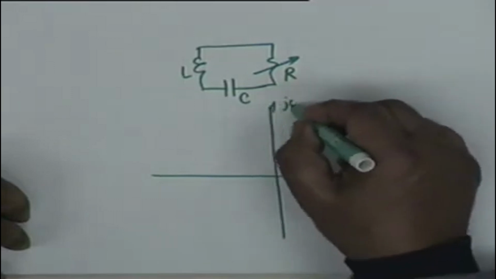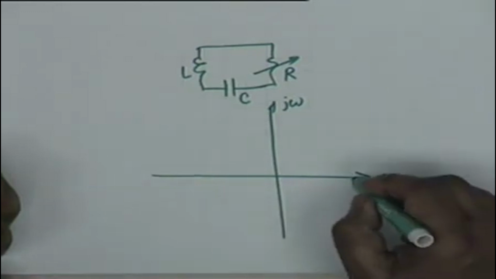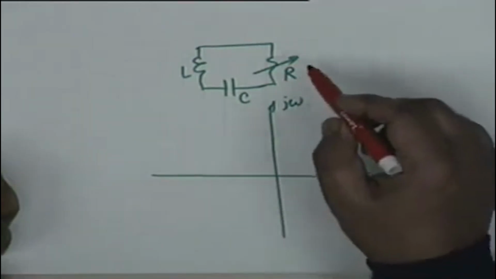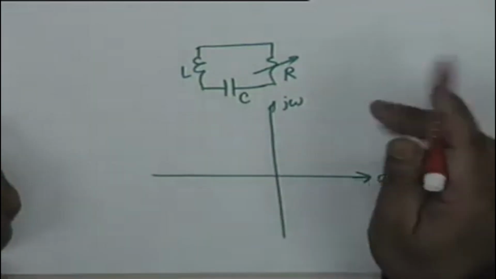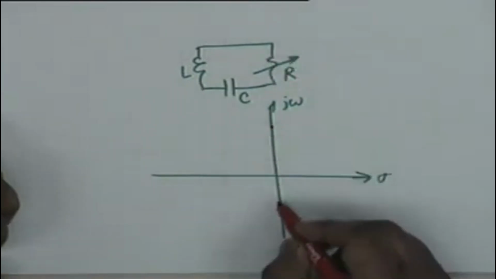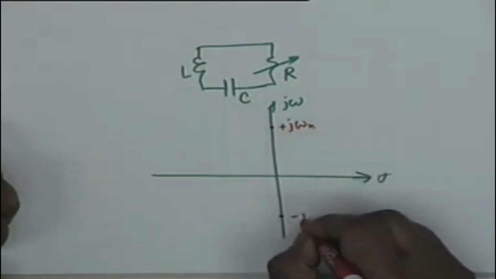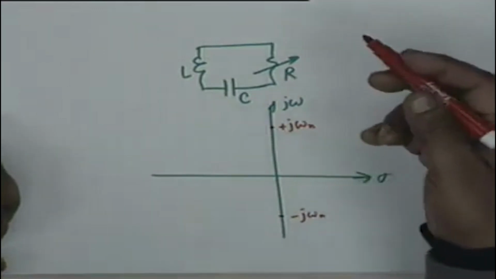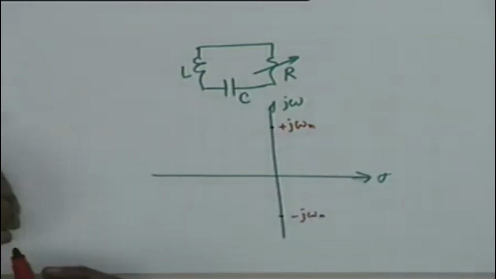Suppose I wish to draw the roots of the characteristic equation on the S plane. Then when R is equal to 0, start from the 0 value, it cannot go below 0, alright. When R is equal to 0, where are the roots? Roots are on the imaginary axis at plus minus j omega n. Is that okay? When R is slightly increased, what happens to the roots? They move to the left half plane.